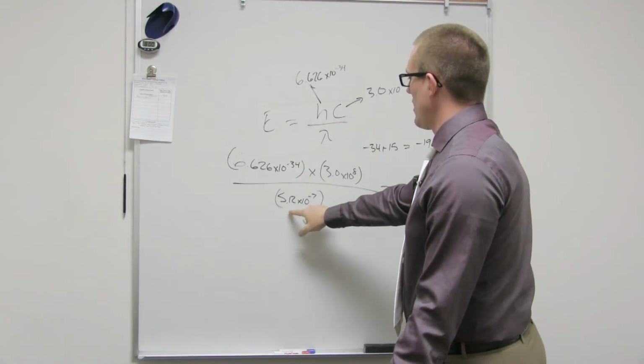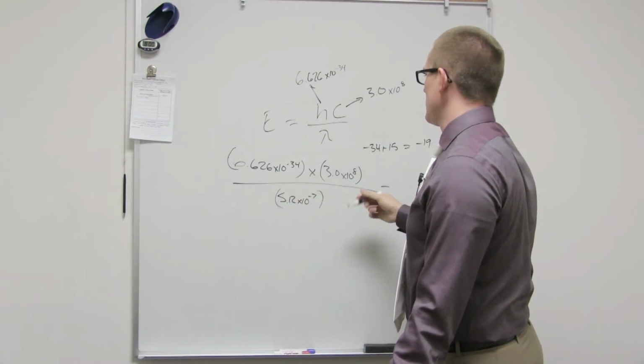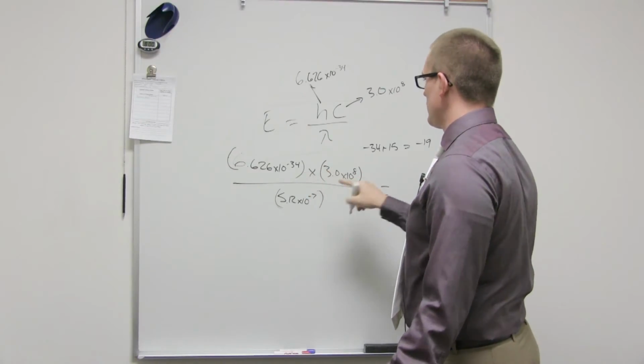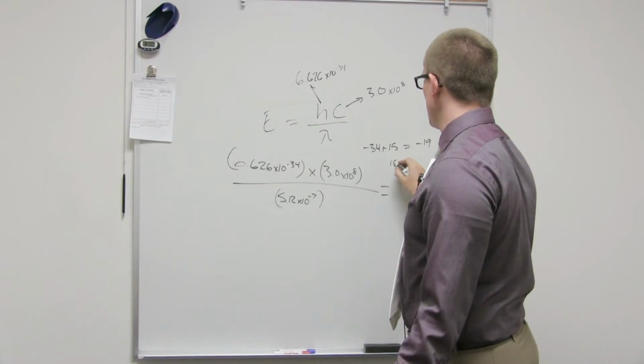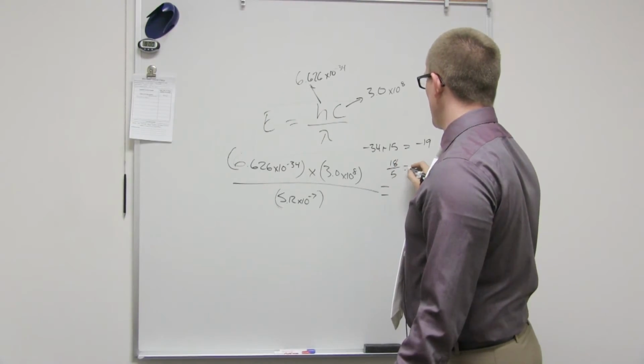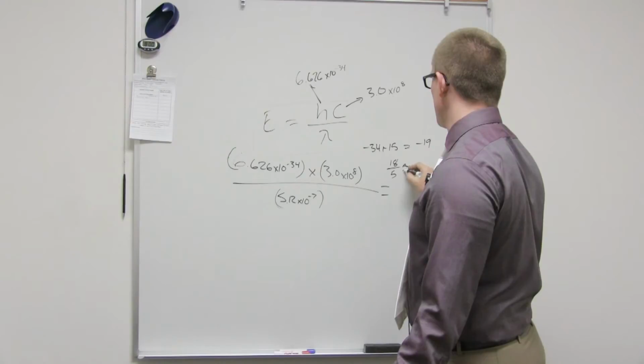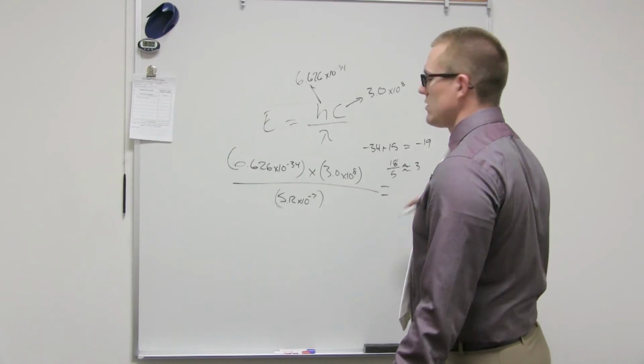Then we have a 6 times 3, so if we just do rounding to make it easy, 6 times 3 is 18, divided by 5. So our answer is going to be around 3 something times 10 to the negative 19th.